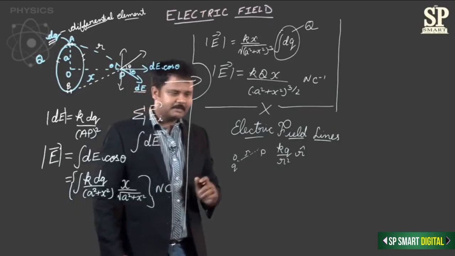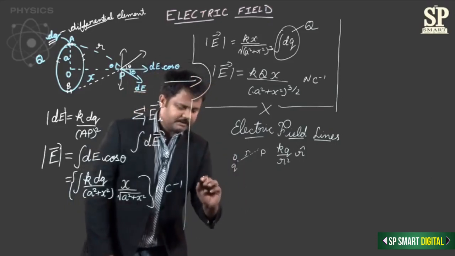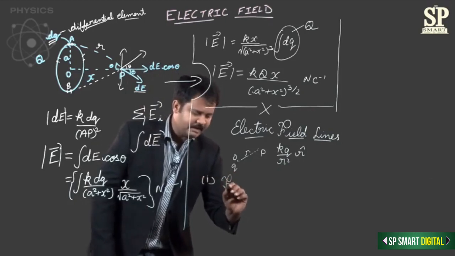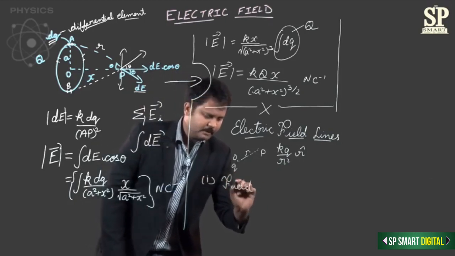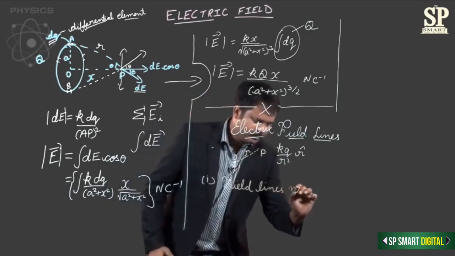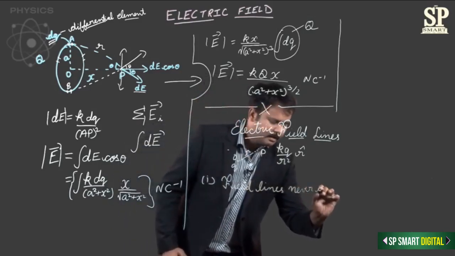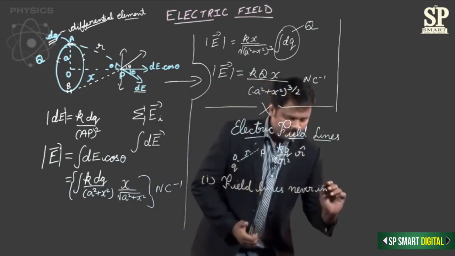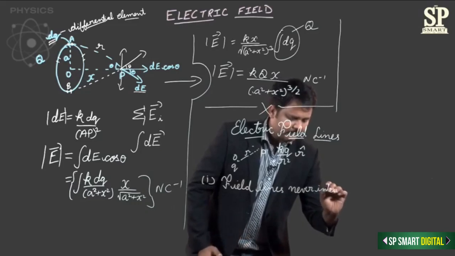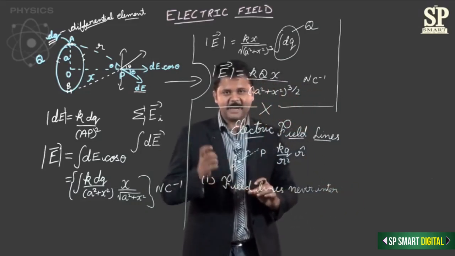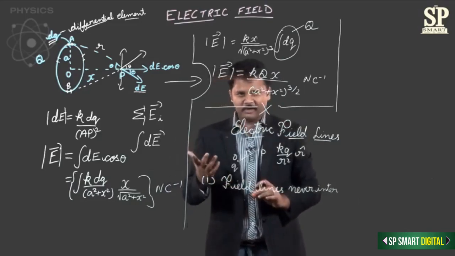What are those properties? The first property is the field lines never intersect each other. How can we say that? Field lines never intersect. Well, we've just established that the tangent to the electric field line gives us the direction of electric field at that point, and if there is an intersection, it means at that particular point there are two tangents.